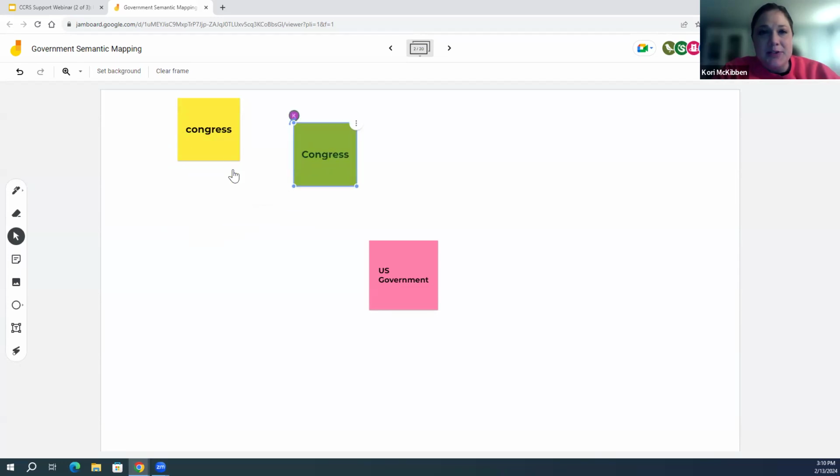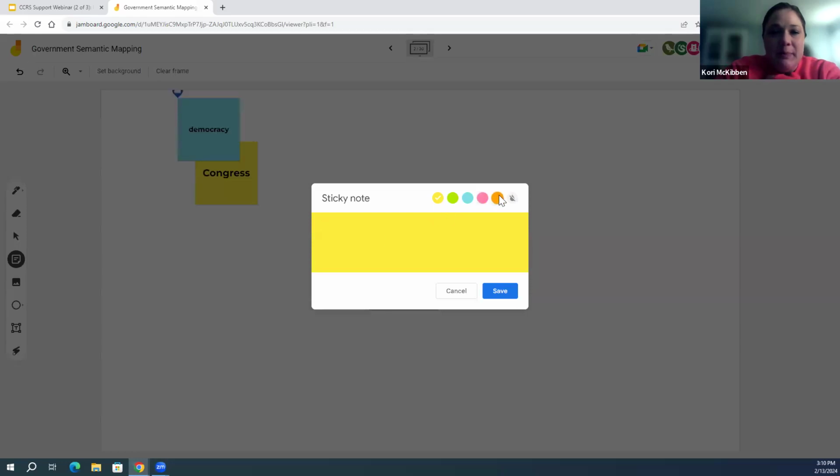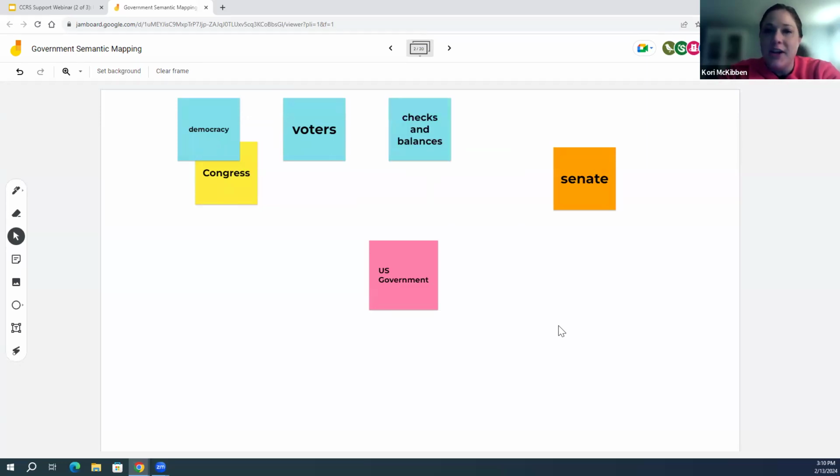Is there any other words or phrases that we think about that anyone would like to add? You can drop it in the chat too if you'd like, versus having to unmute, but yep, voters, Senate, yep, democracy, checks and balances.